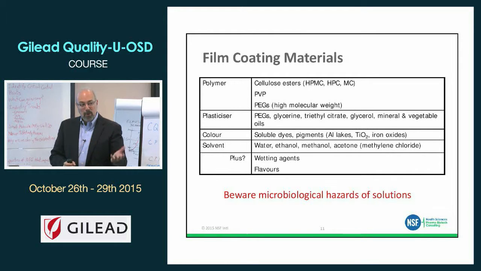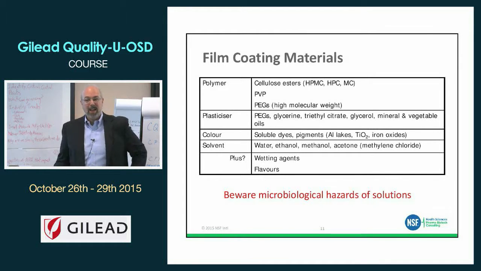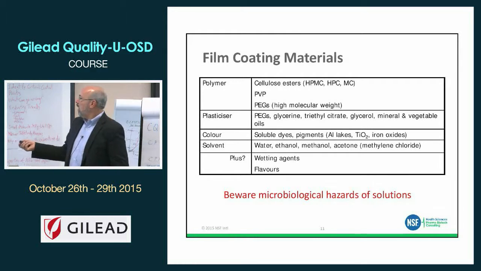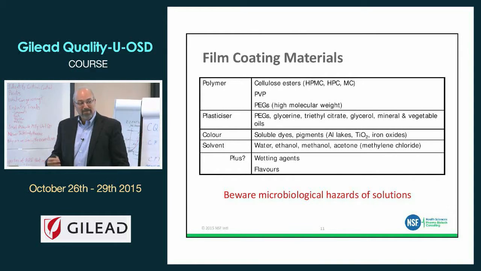If we used a solvent that was fairly bacteriostatic previously, and we've switched to an aqueous solution with a series of organics that are pretty nice for microorganisms to use as nutrition, we do have to worry about the hazards associated with that solution.